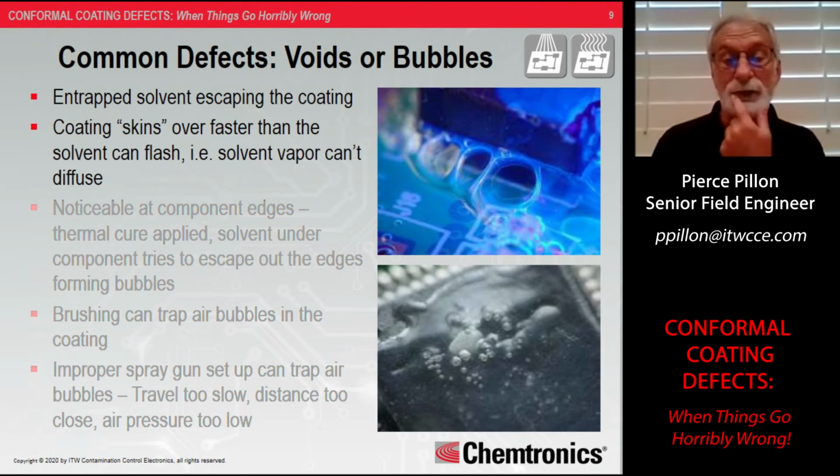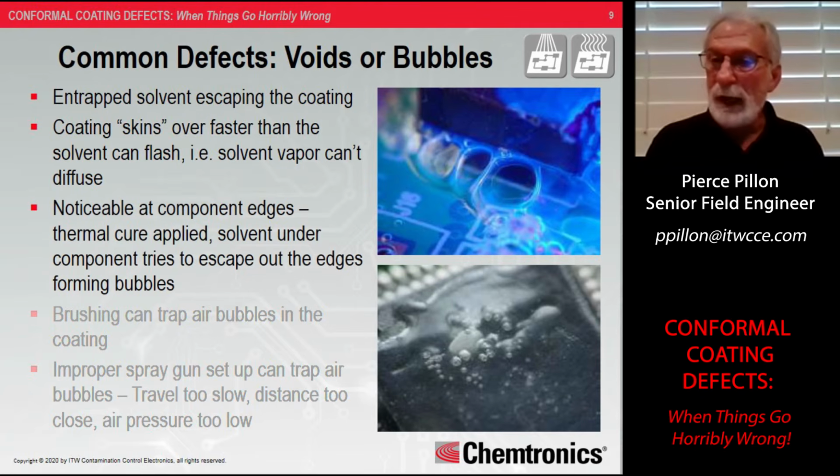Now, you'll see this phenomenon a lot at the base of leg components, where you have applied the coating over the top around the adjacent areas, and some of that coating is now in that underfill area, in that standoff area underneath the component.